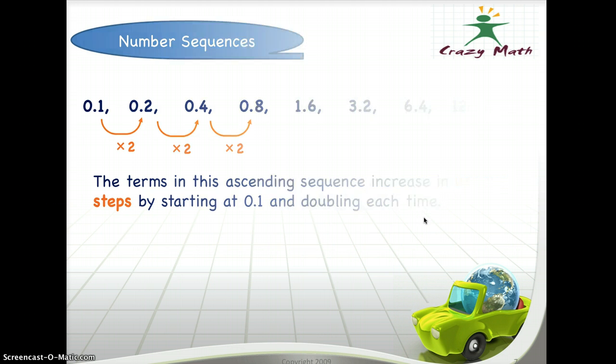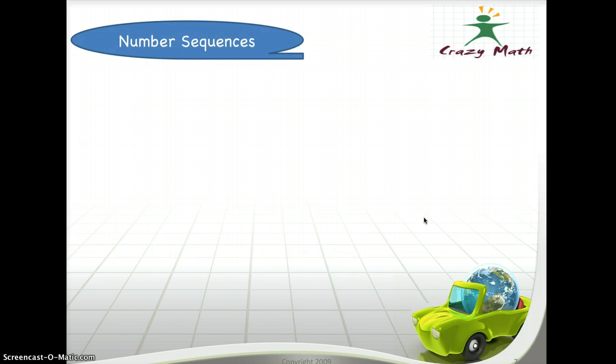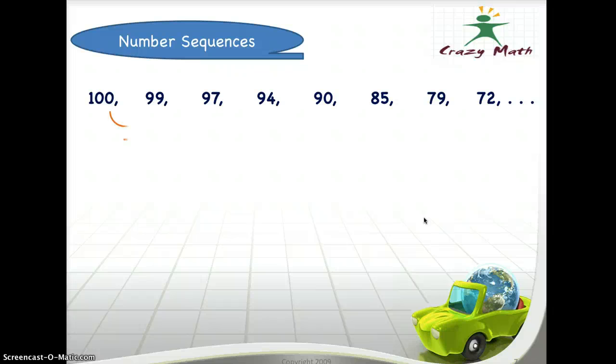The last number sequence. Let's describe what's the rule for 100, 99, 97, 94, 90, 85, 79, 72. That's minus 1, minus 2, minus 3, minus 4, and so on and so forth. Okay, think of how you're going to describe this pattern.